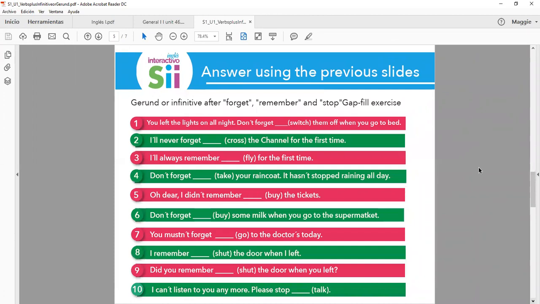Here, we are going to consider number 1. Gerund or infinitive after forget, remember, and stop. Gap fill exercise. Number 1. You left the lights on all night. Don't forget to switch or switching them off when you go to bed.